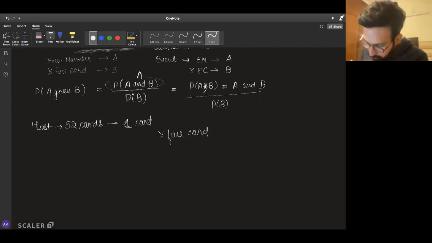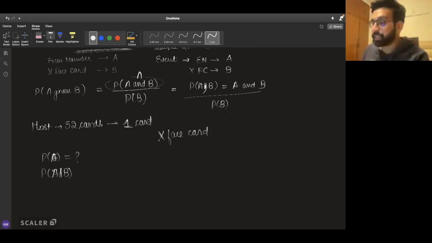Earlier, the probability of you getting an even number would have been something. How would that probability, event A, change if you are told already that it's definitely not a face card? How would it change now?